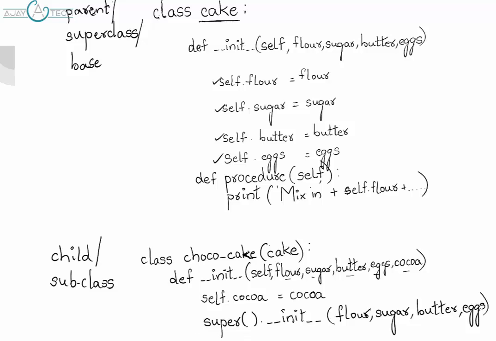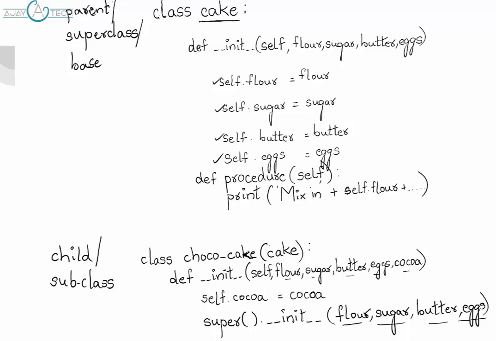Using super, the instance of the parent object is retrieved first, and then the init method is called on that object, passing in the arguments here, the flour, sugar, butter, and eggs.